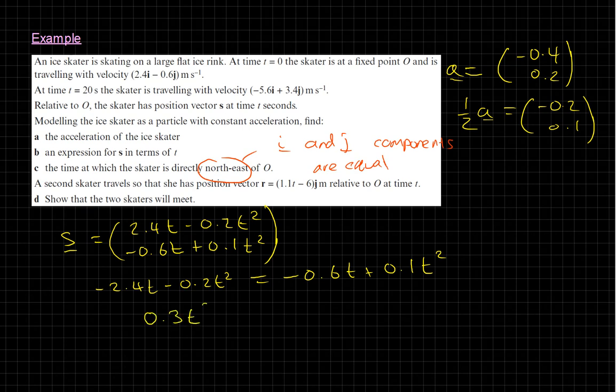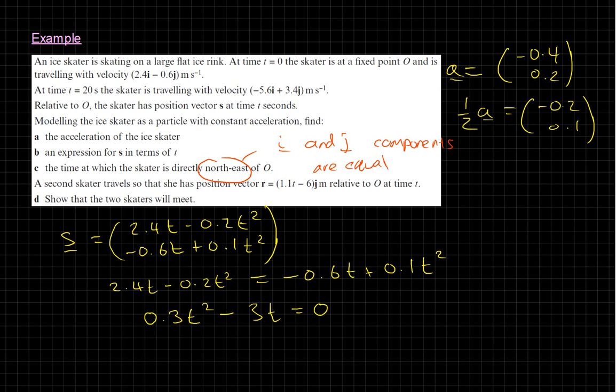So it becomes 0.3t squared. What do we get next? This minus shouldn't be here, sorry about that. 0.3t squared minus 3t is equal to 0. I think that makes sense.